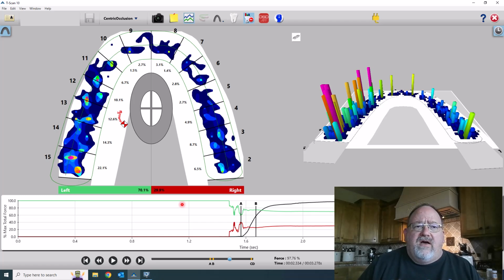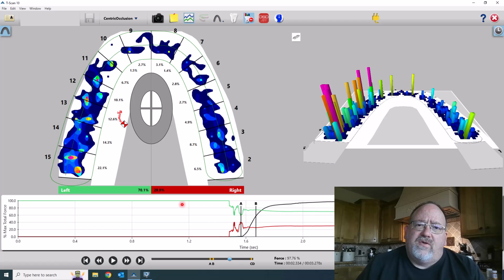This gentleman came into the office just this week complaining of left side ear pain, left side jaw pain, left side facial tension, headaches, and some shoulder issues on the left. A lot of us don't want to treat these pain patients with splints or any other type of therapy, because pain is subjective, and there's no way to really measure the patient's pain intensity or frequency or duration.